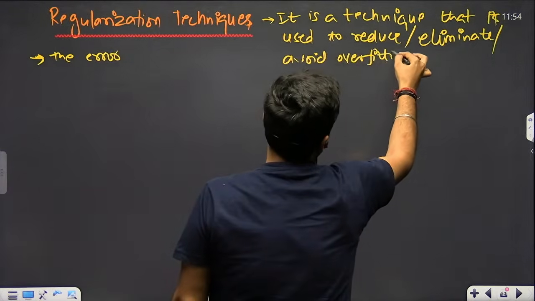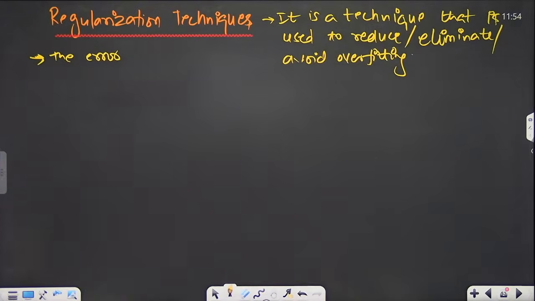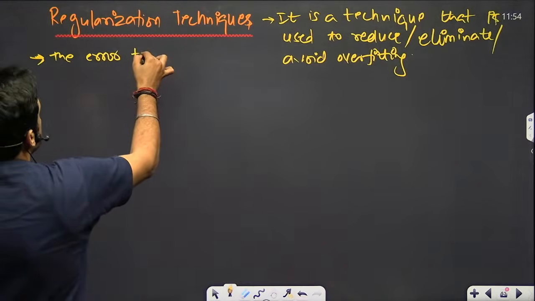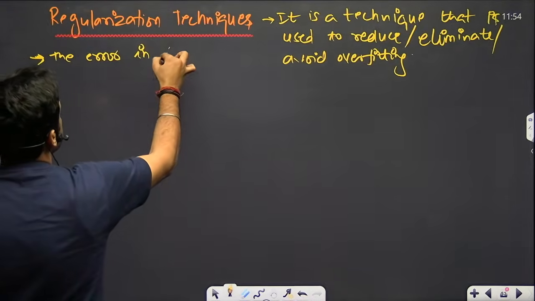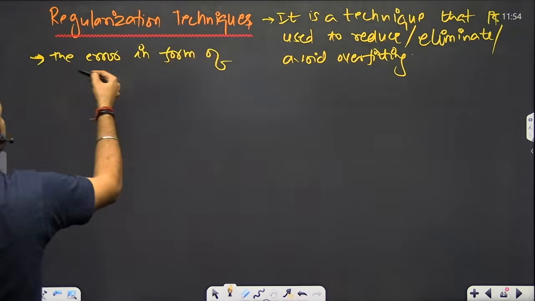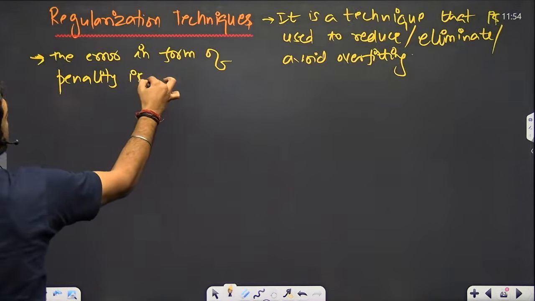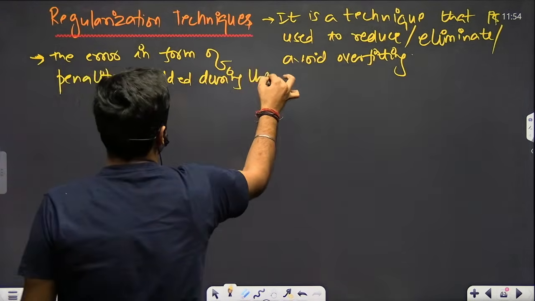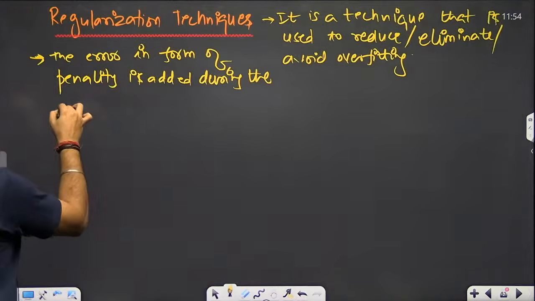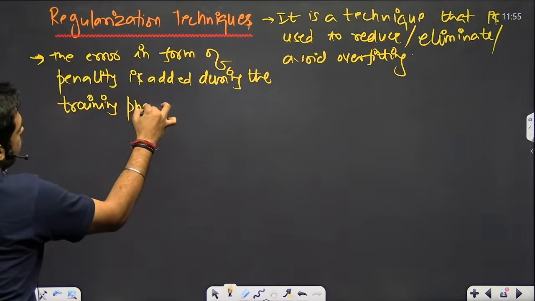Now here what we do is, the error term, the error in the form of a penalty, is added during the training phase.